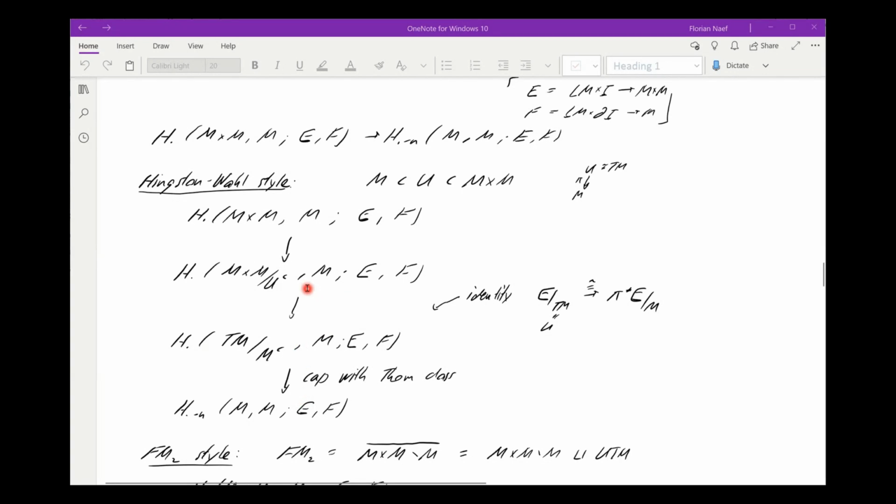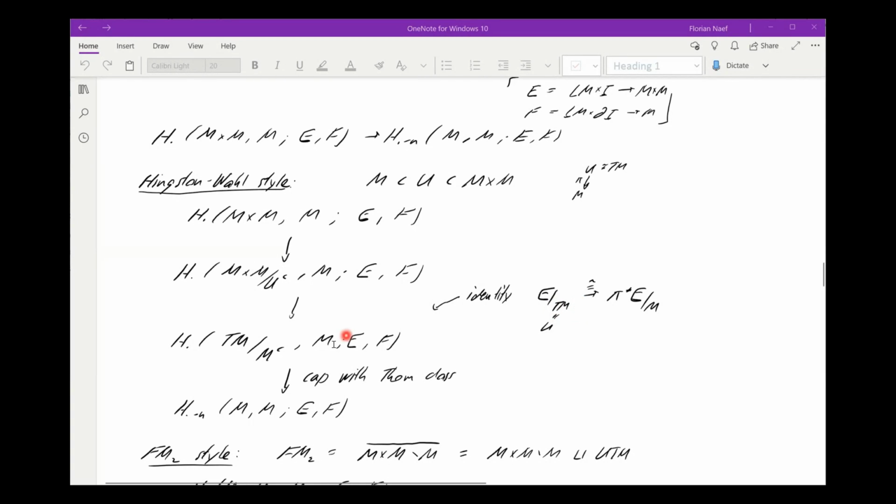And one slight thing that we need to be careful about is when you go from here to here, we restrict our local system to this neighborhood of the diagonal, but in particular, it might not be constant along the fiber direction.